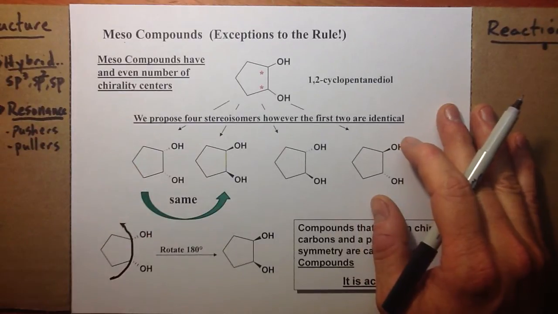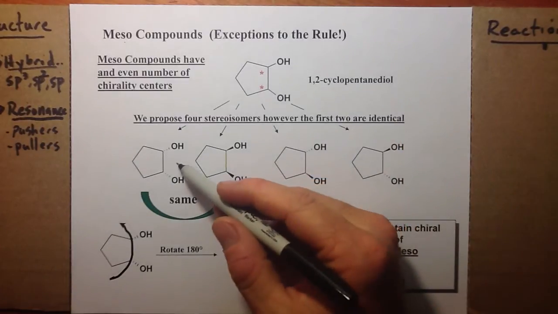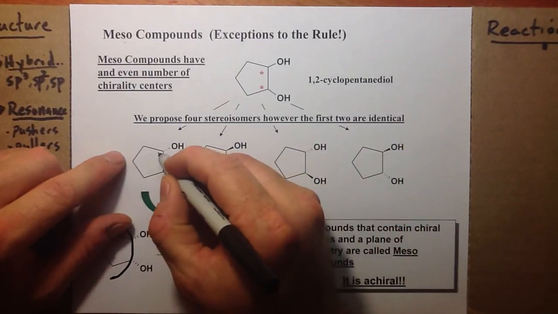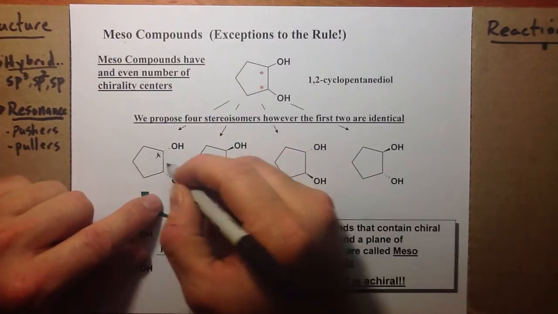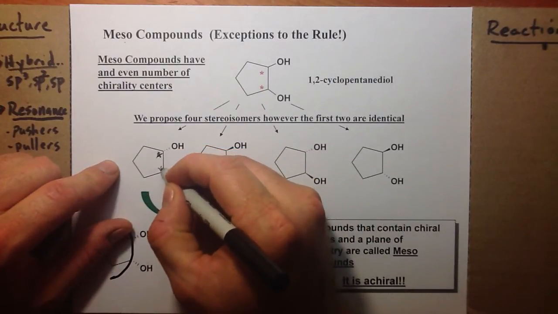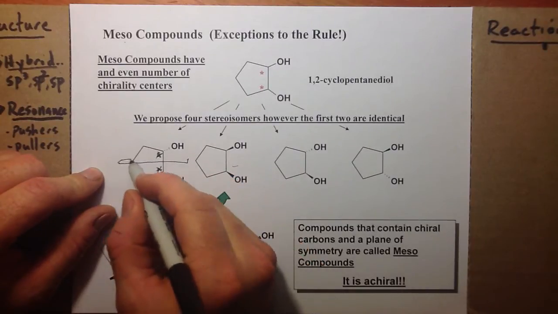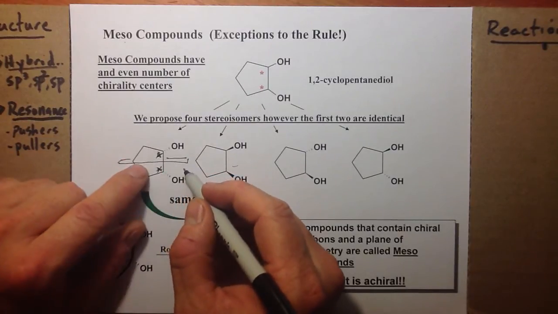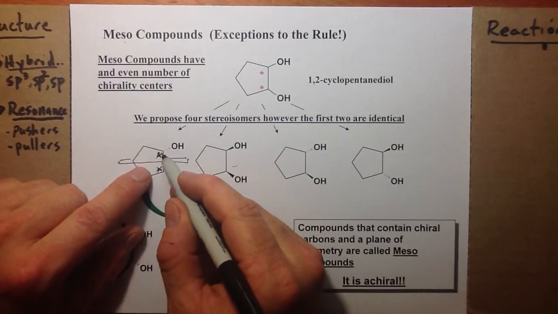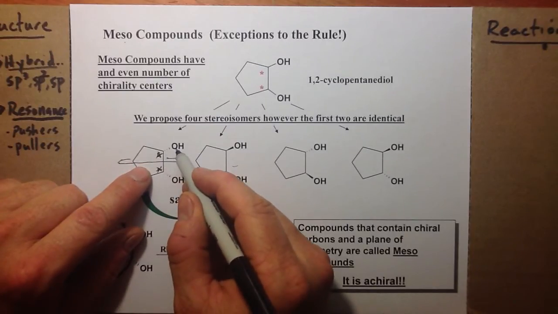I hope you're saying yes, because I can see that it has chirality centers. We're just going to pick this one over here because these are the same. It has chirality centers, yet it has a plane of symmetry through the ring. This carbon is the asymmetric center, again having an O off of it.